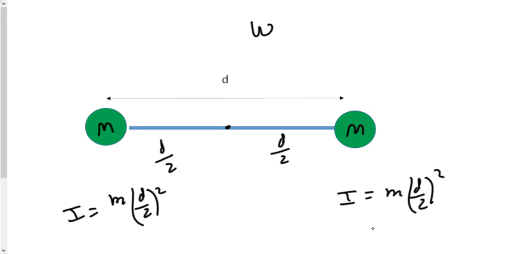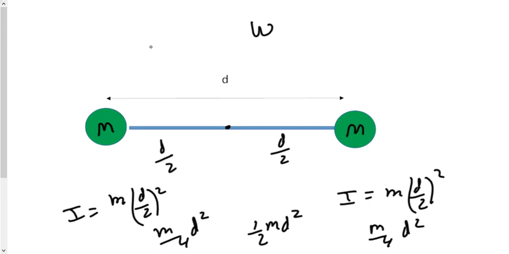So each one is going to be m over 4 times d squared. That's m over 4 d squared for the moment of inertia. So that's two of them together, right? So that's then going to be equal to 1/2 m d squared.